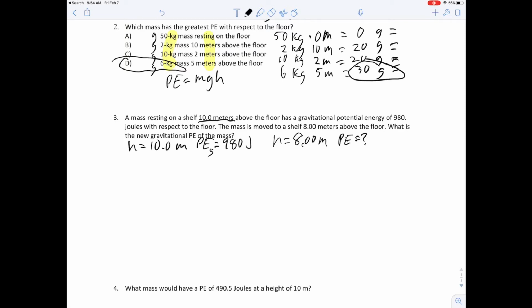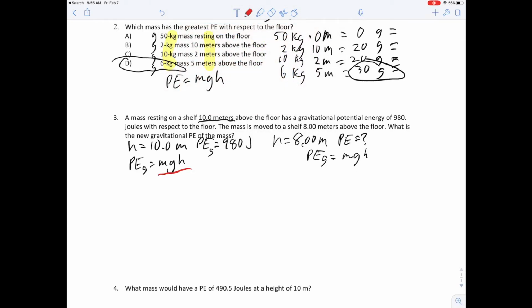Well, there are 2 different ways to go on this. I'm going to show you the true long way. We know potential energy equals mgh. In this case, we have h, we have potential energy, we know gravity, but we don't know the mass. We're going to need the mass, because over here we have the height, but we don't have the potential energy and we don't have the mass. So let's solve for the mass.